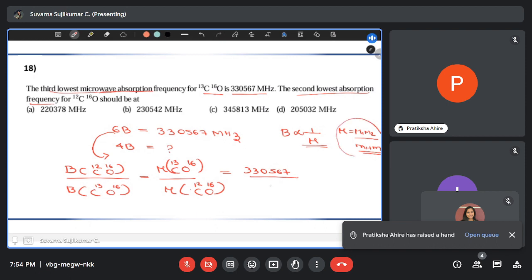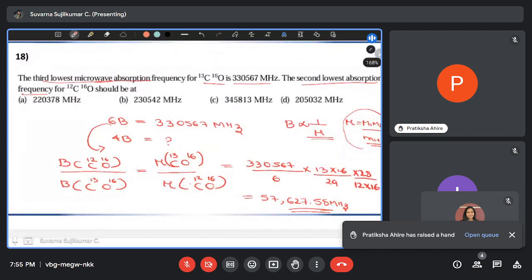So you find the reduced mass and substitute in the equation. If you do the math, you will get a value of 57,627.